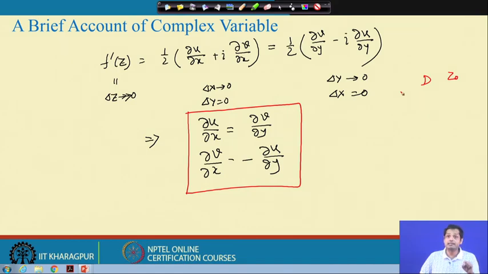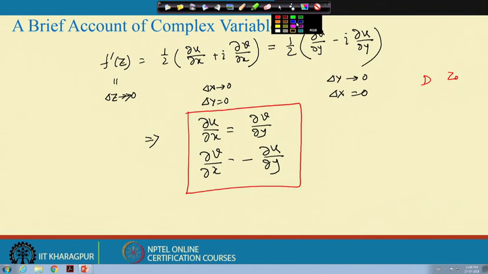If the function is single valued and differentiable at every point in D, that is, this condition is valid not only at Z0 but at every point in the domain D, then the function is called holomorphic or analytic or regular.